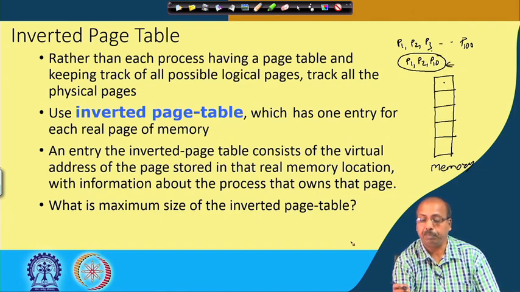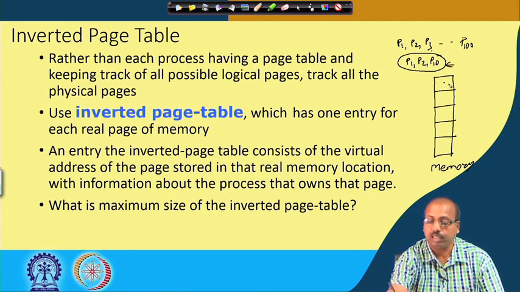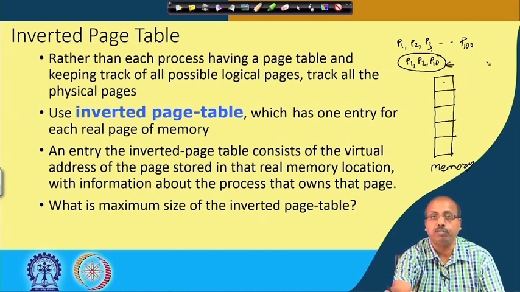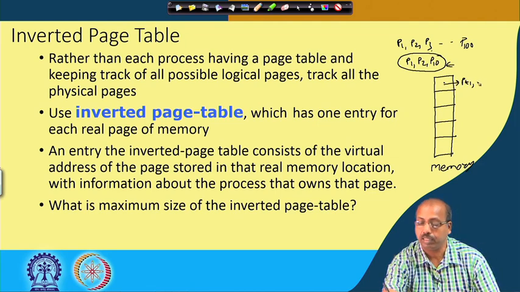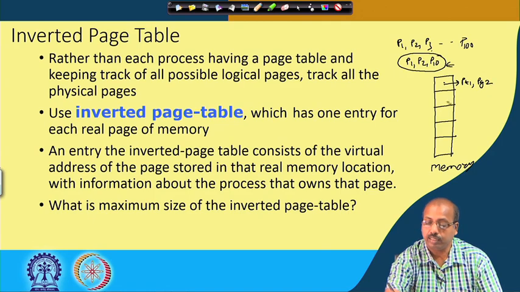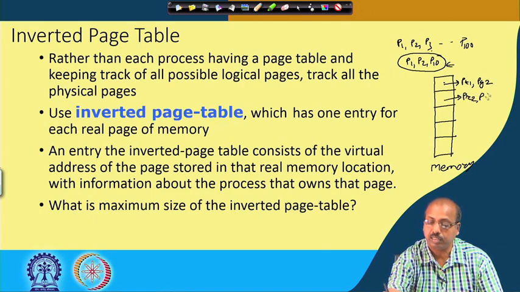A page can be identified by the process to which it belongs and the page number. It may be that this frame is process 1 page number 2, and this frame corresponds to process 2 page number 6. So, like that we remember.